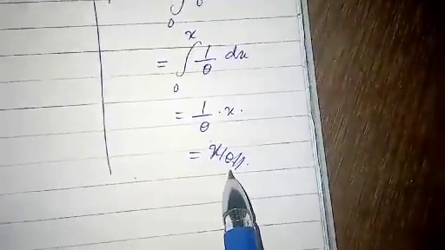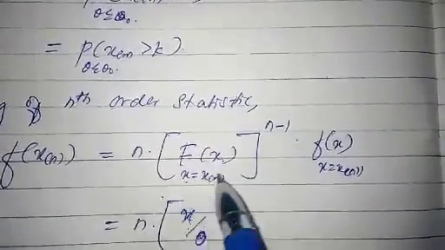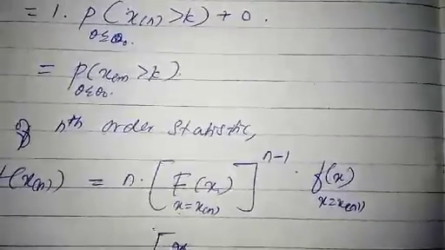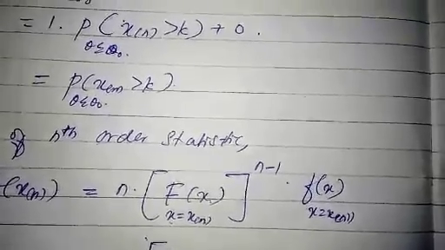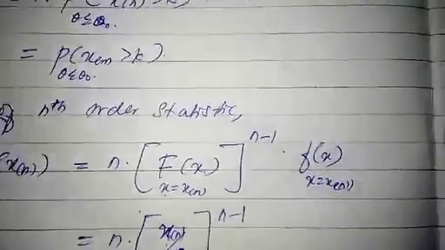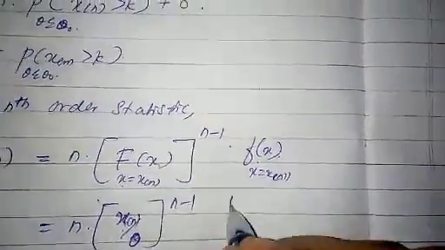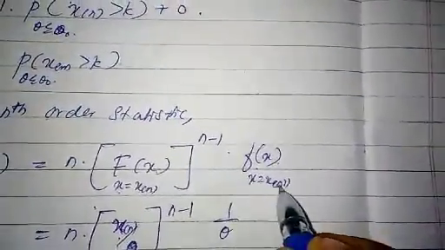Here capital F of x equal to x by theta. Here also it is given that x equal to xn, so you have to write these x as xn power n minus 1. And what is f of x here? f of x is 1 by theta, where x equal to xn.